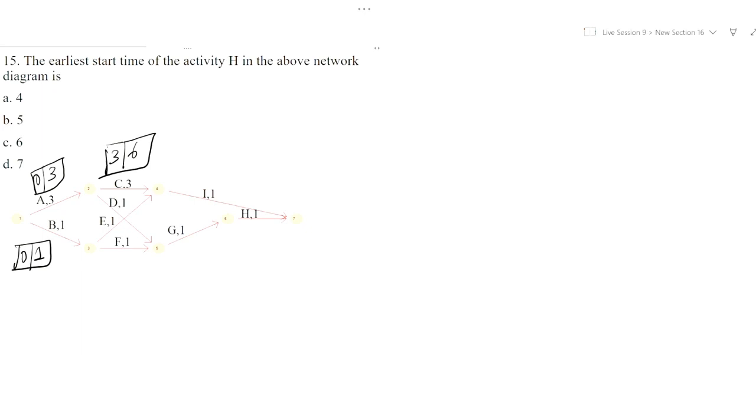For activity D, it is 3. Now you will see that activity starts from 2 and it reaches 5.